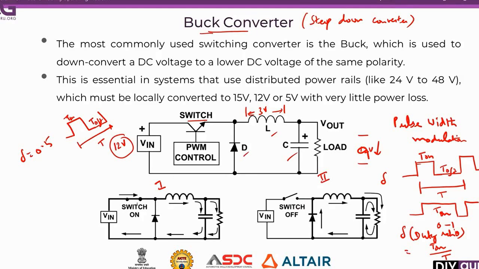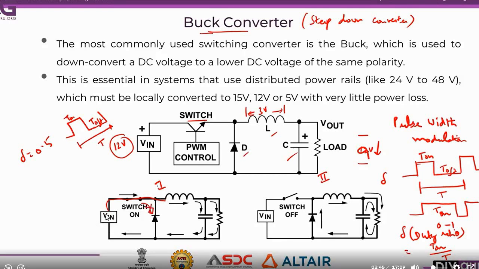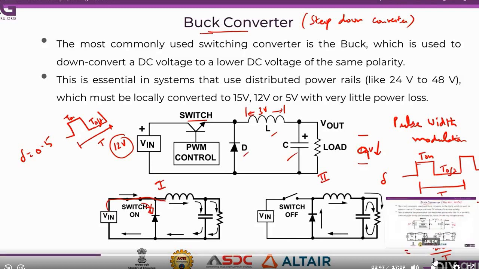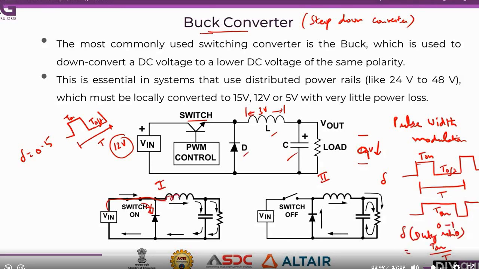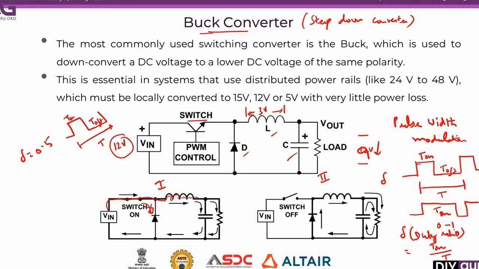When the switch is turned on, the current flows from the source to the inductor. It cannot flow through the diode, since the cathode is here, so it flows through the inductor. Current flows through the inductor, and during that time this inductor will store some energy.